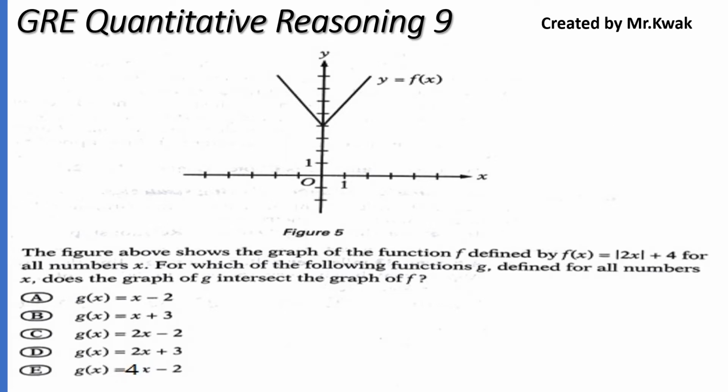First of all, A, x minus 2. Slope is 1. So we can draw it this way.